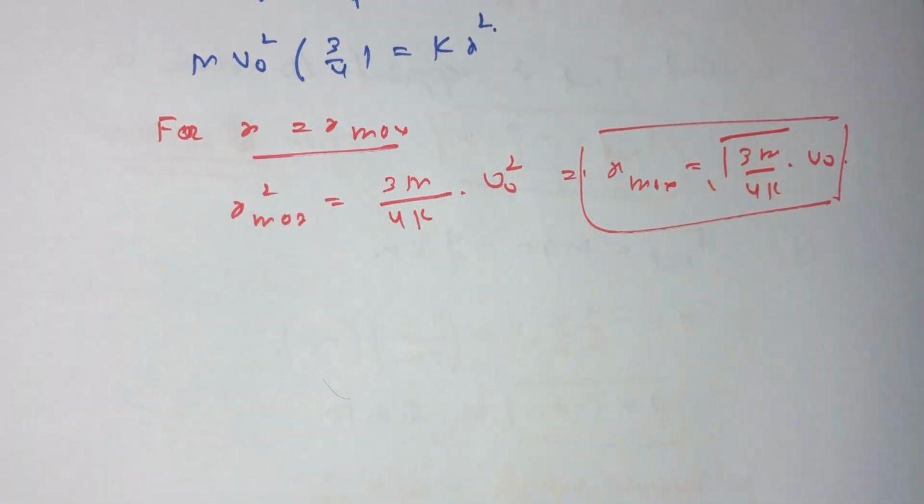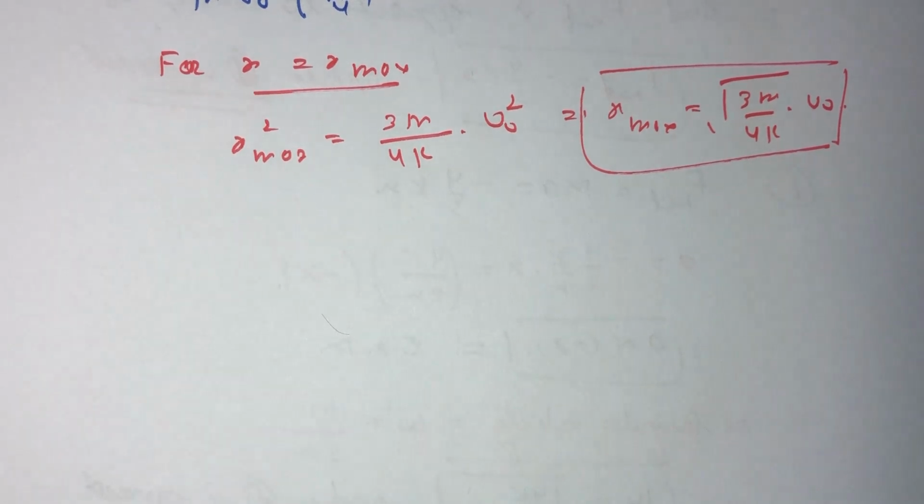So this is the maximum extension, and we are supposed to find out the maximum velocity.